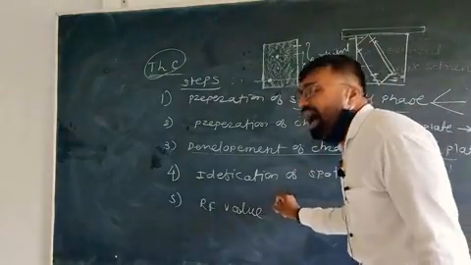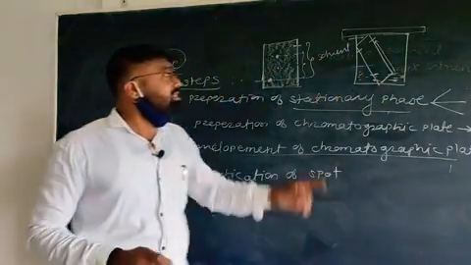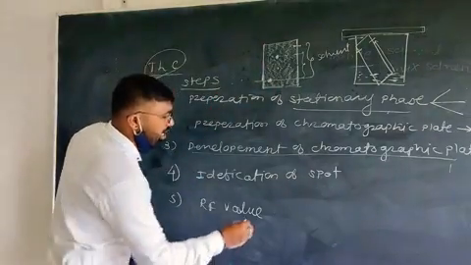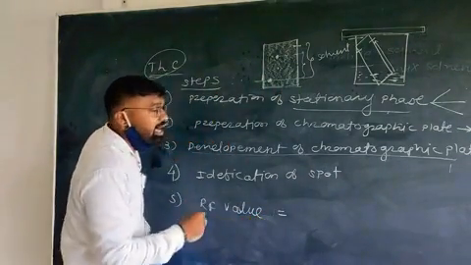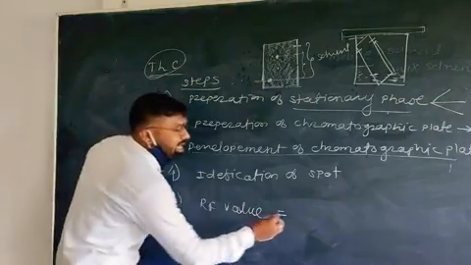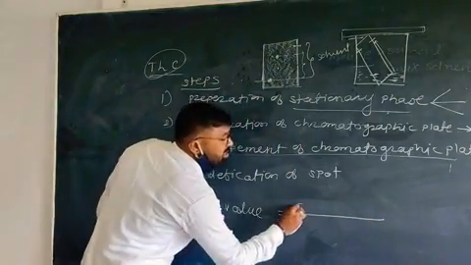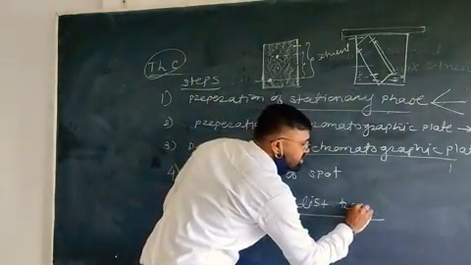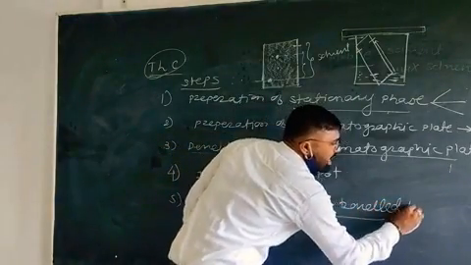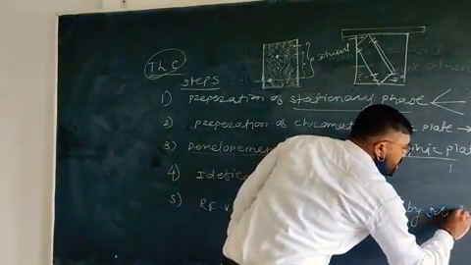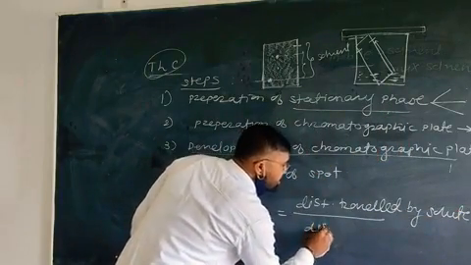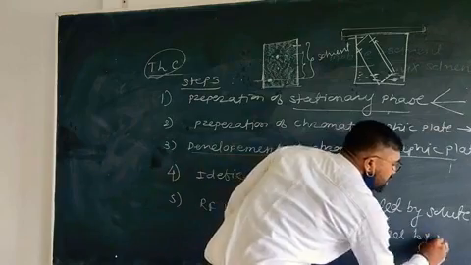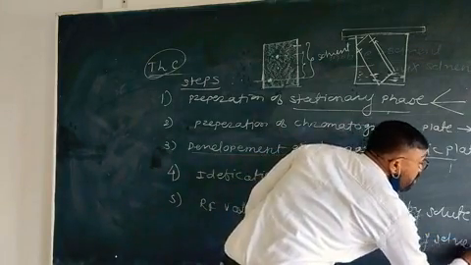Now the last step, RF value. By measuring the distance of the solvent and the distance of a spot, you can find the RF value, that is the retardation factor. It is nothing but the ratio of the distance travelled by the solute or spot to the distance travelled by the solvent, or mobile phase.